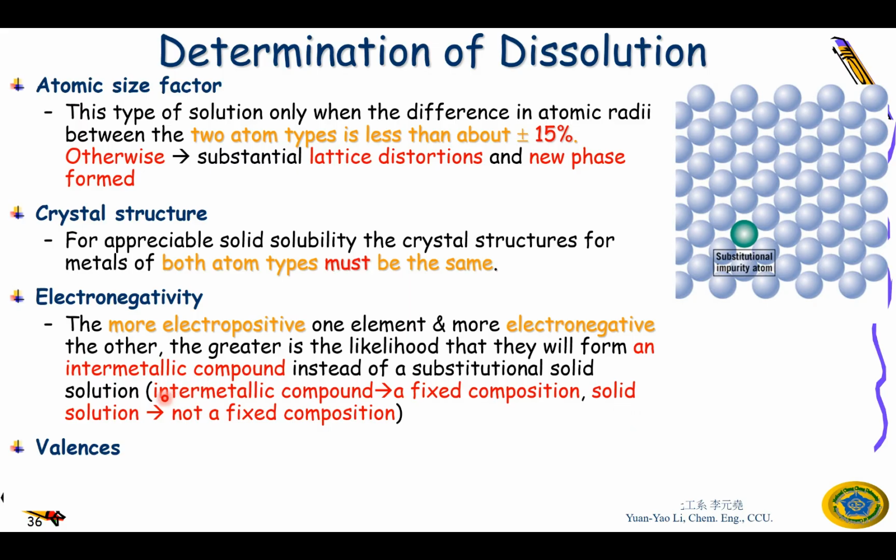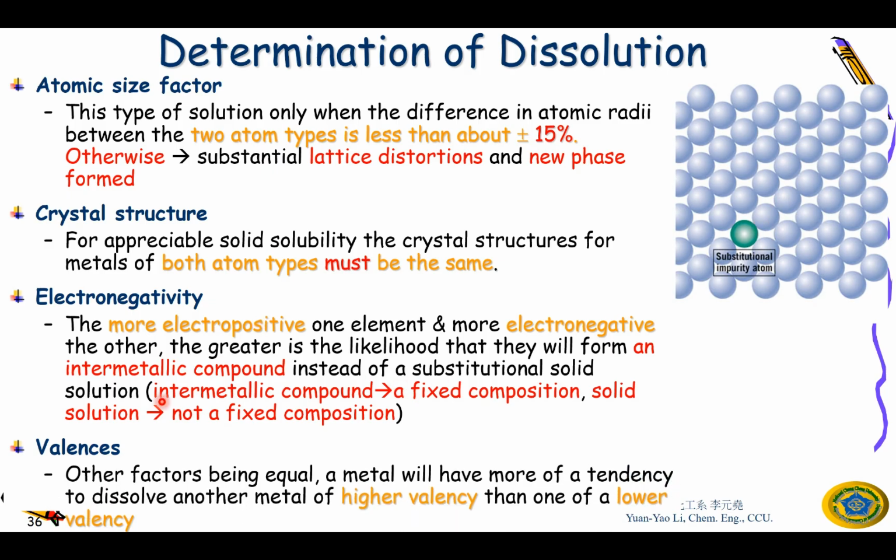But for an intermetallic compound, you only have a fixed composition. Let me explain this later with pictures, so it will be easier to understand. The important factor here is that in order to make a solid solution, the electronegativity of the two elements needs to be very close. Not too different.